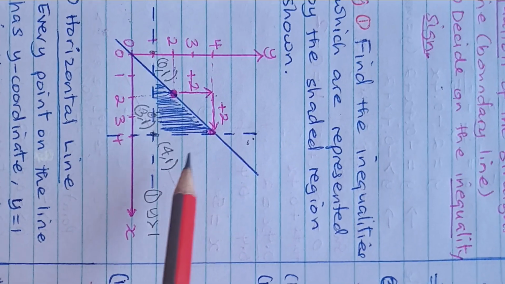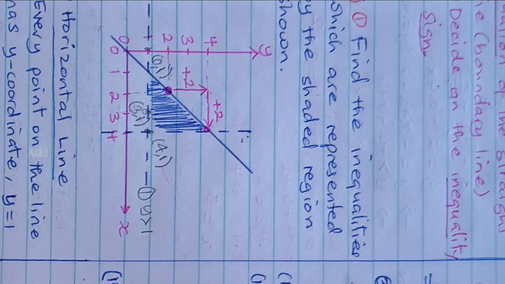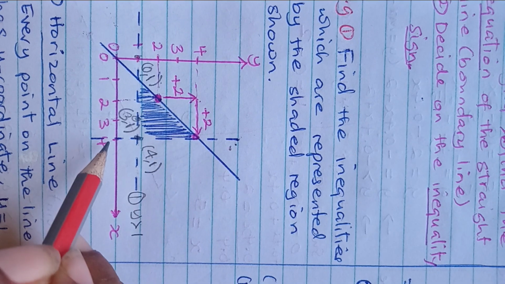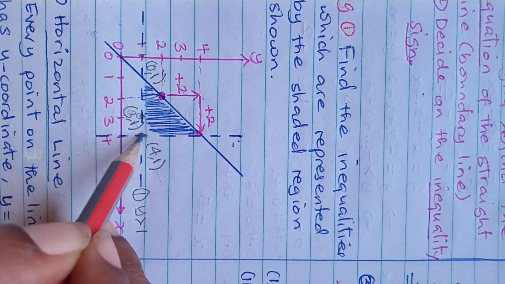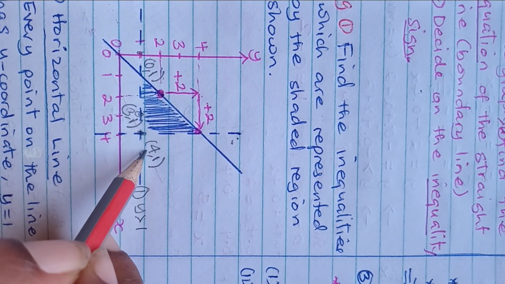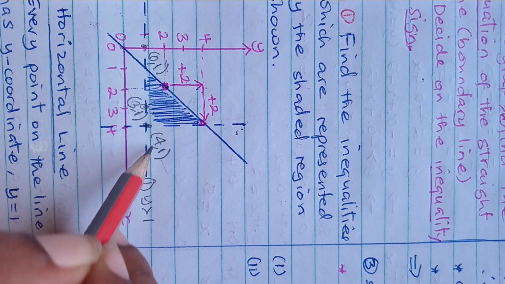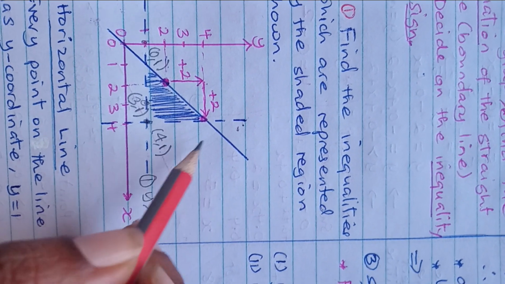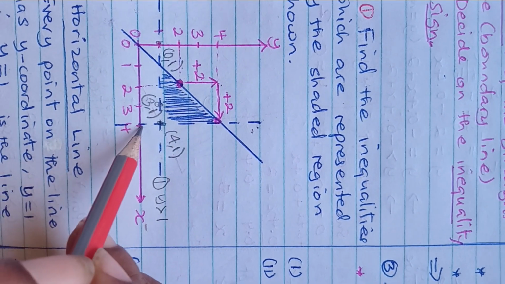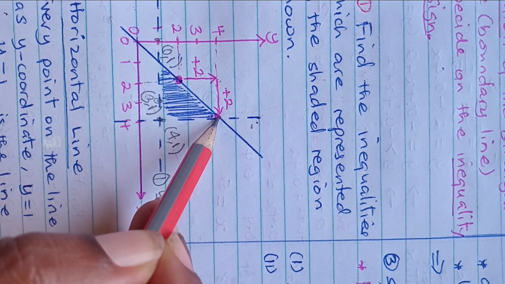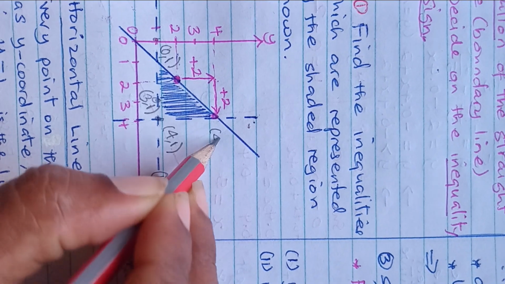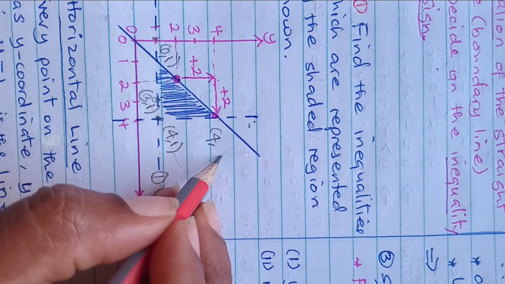To get some more clues, if you look at points along the line, let's say this point right here on this vertical line, the x coordinate is 4 and the y coordinate is 1. Now if you look at this point, the x coordinate is 4 and the y coordinate is 4.